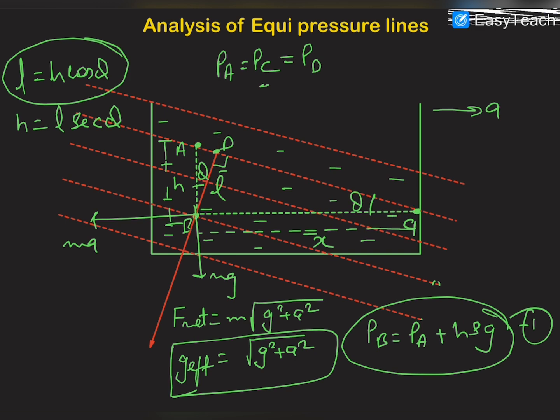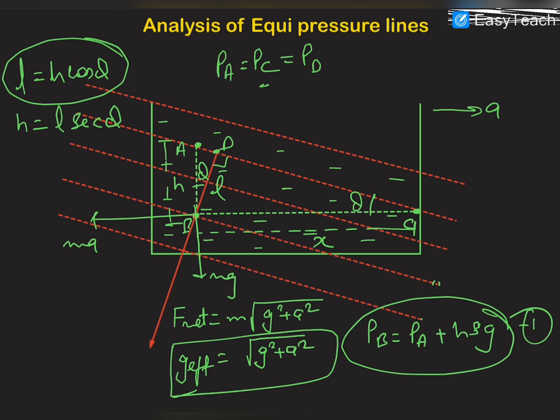But you should always remember that while writing PA plus x rho g or a, you should always take the distance accordingly, so that when we are moving from A to B, we are moving in the vertical downward direction. So the distance should be the distance h, which is between A and B, and the acceleration should be the effective acceleration of the vertical direction only.